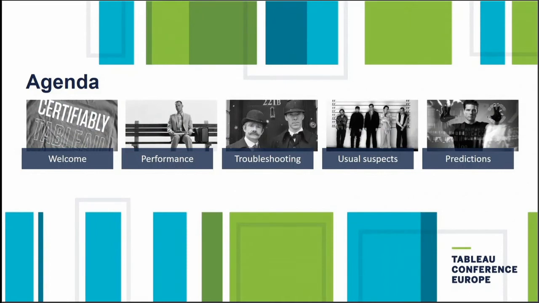To introduce the agenda, what we want to do today. First of all, we're going to introduce ourselves and have a little welcome chat. Then we're going to talk about what we actually consider performance. It's quite a wide term, and we need to specify what we're actually talking about. We'll give you some ideas and an introduction to how you can troubleshoot some of these performance aspects.